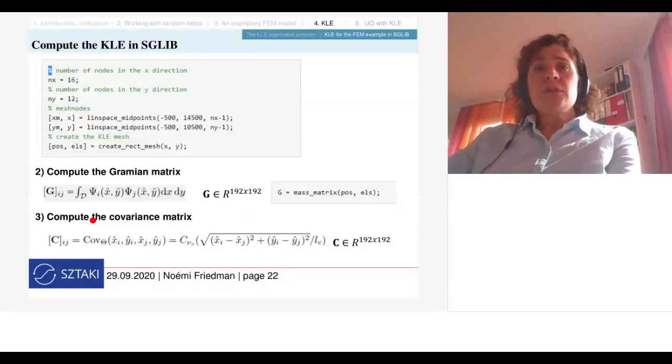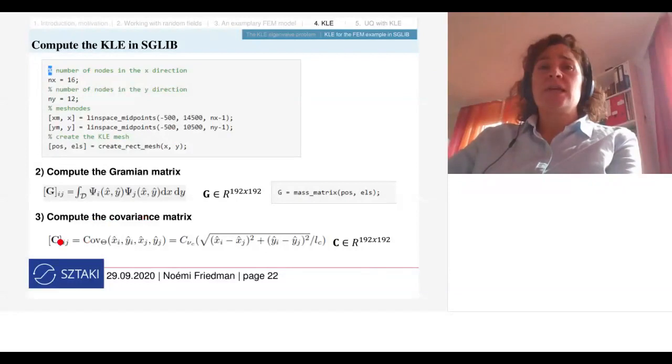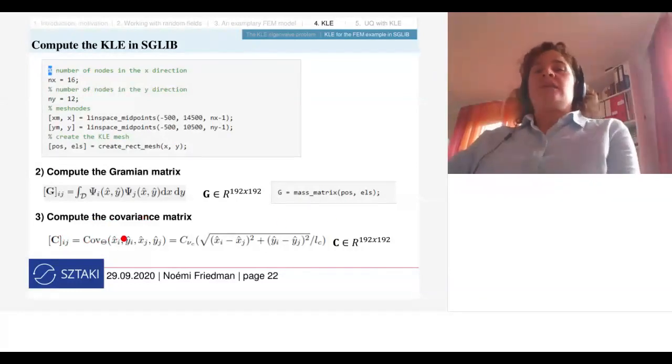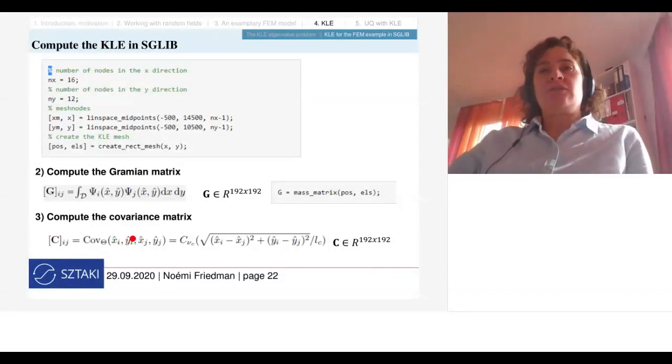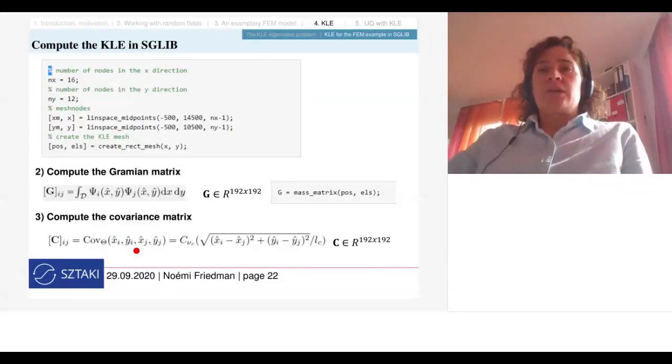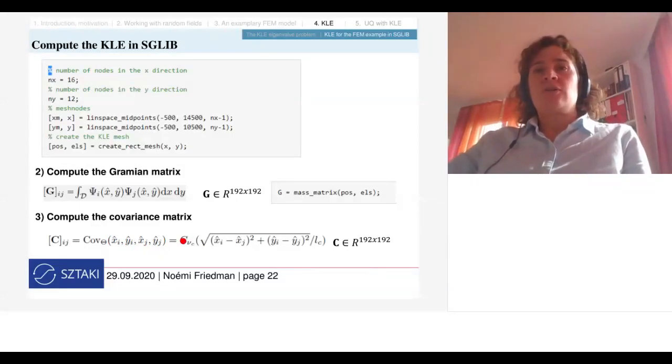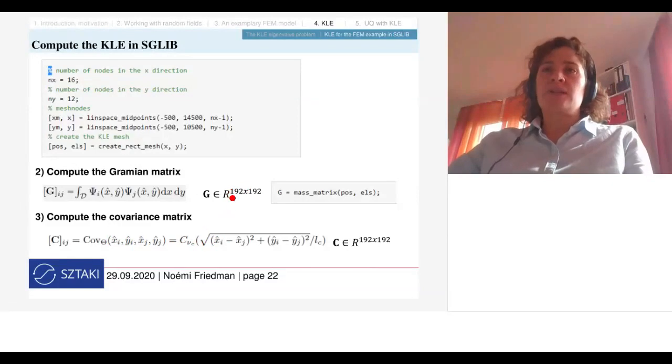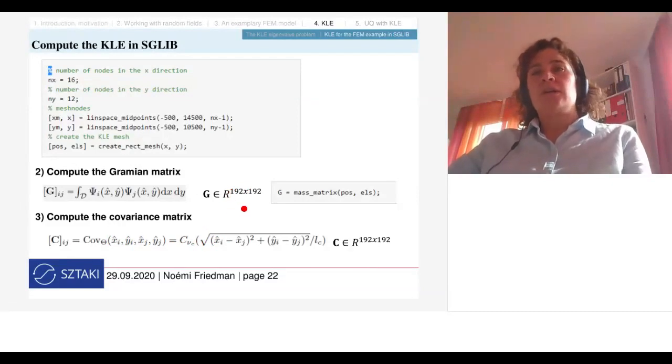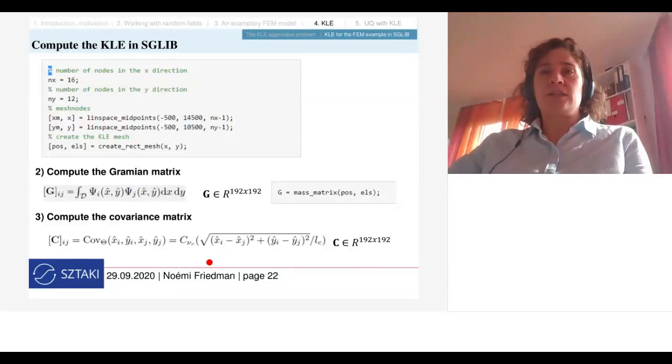Then I compute the covariance matrix, and now I have to evaluate it at the different mesh node pairs. According to my covariance function, the Matern covariance, which depends only on the distance between the points, if I have 192 points, then my covariance matrix will also be 192 times 192.